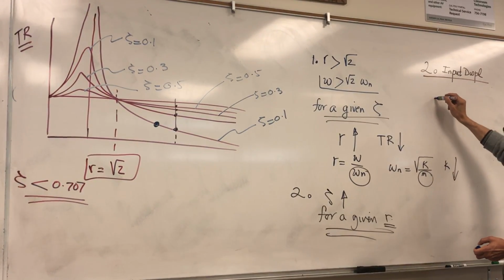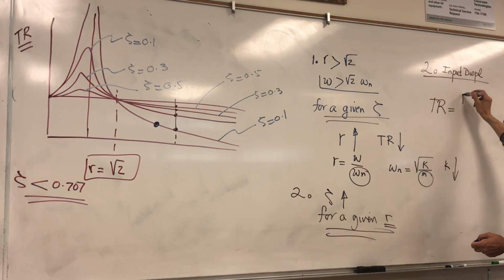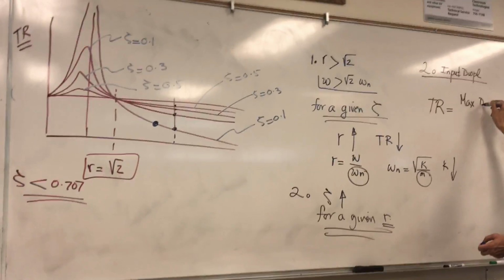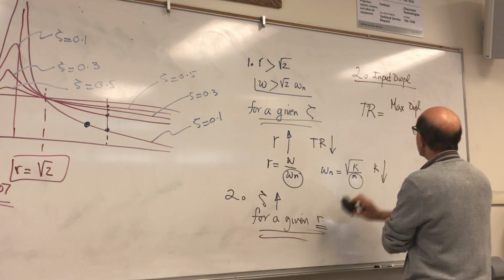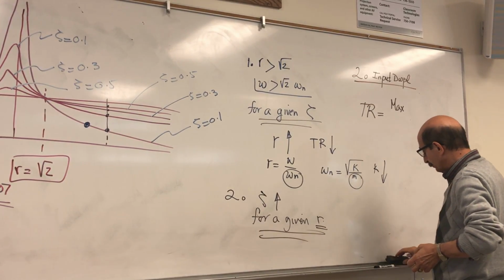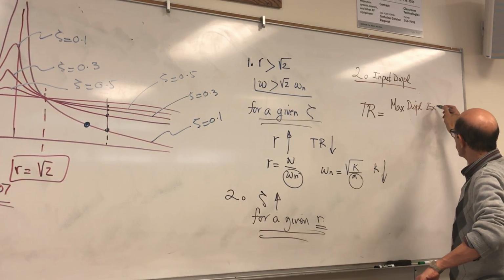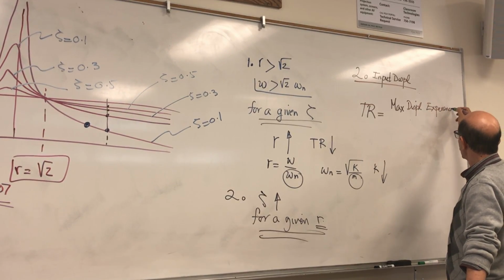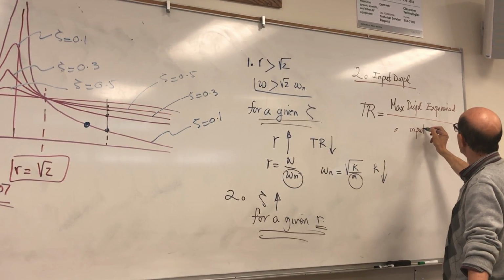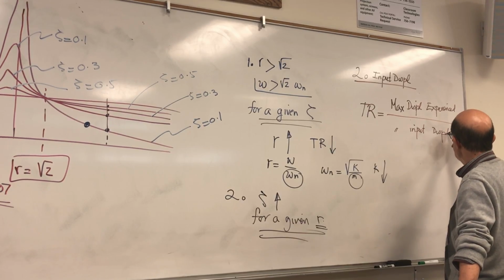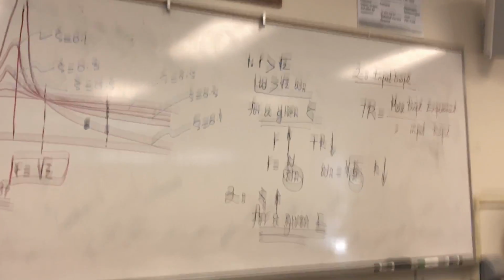You see that the transmissibility ratio is defined as the maximum displacement experienced to the maximum input displacement, which in this case is the definition of transmissibility ratio.